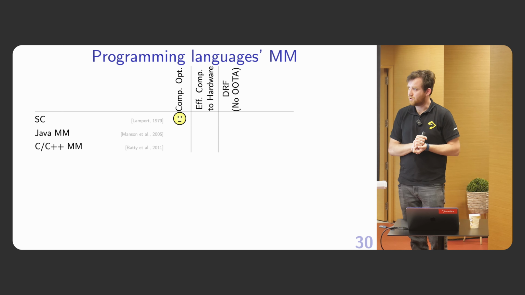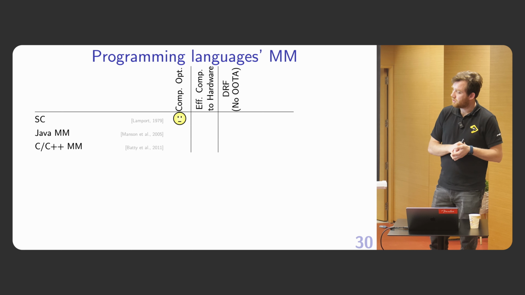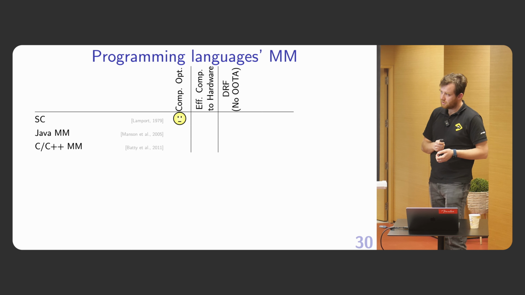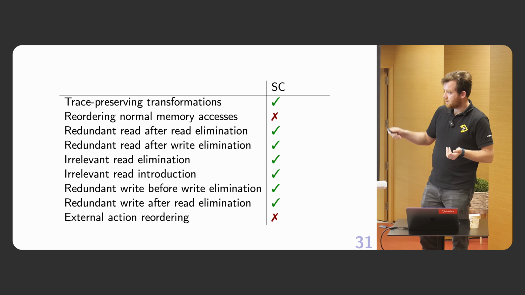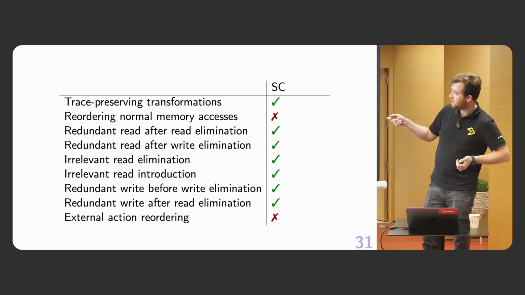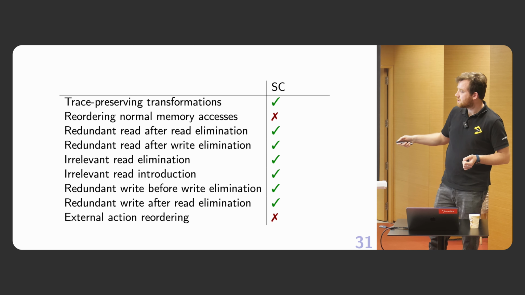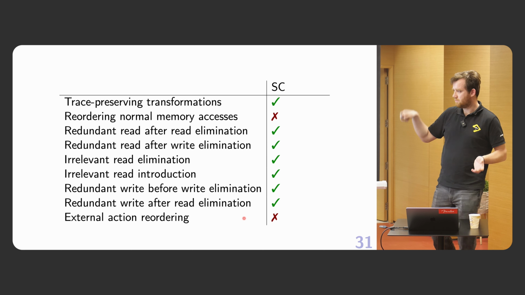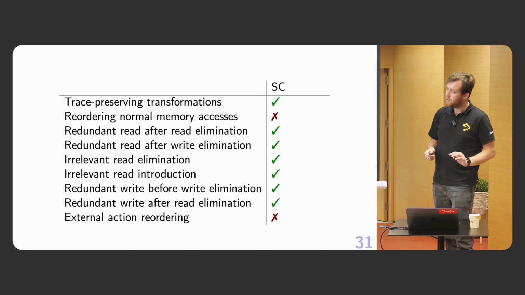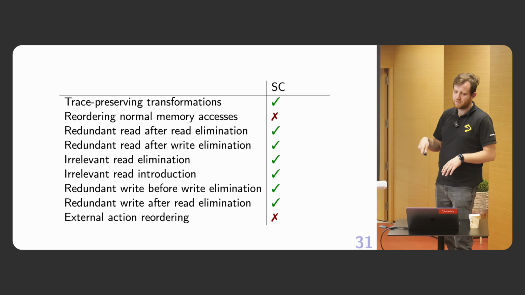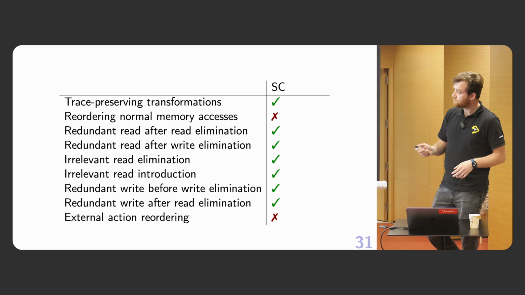Regarding sequential consistency and compiler optimizations, some are allowed, some not. If we take a look at this list, there are many optimizations which are allowed. You don't have to go through the whole list. I just wanted to show that there are just two things in this list which are disallowed. You could divide the optimizations slightly differently, but we'll use this to compare to the Java memory model.